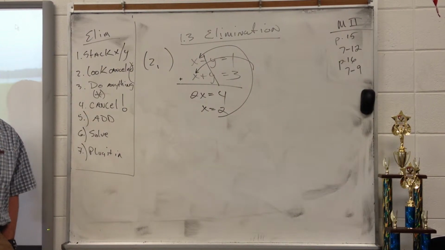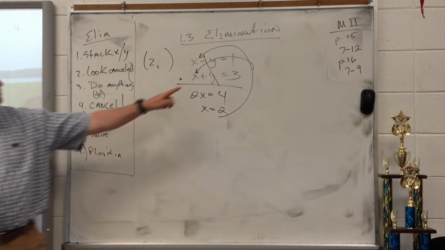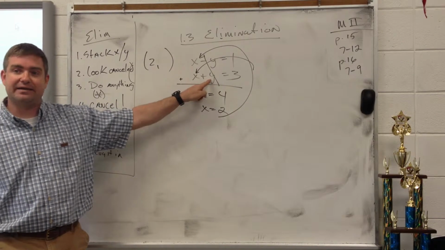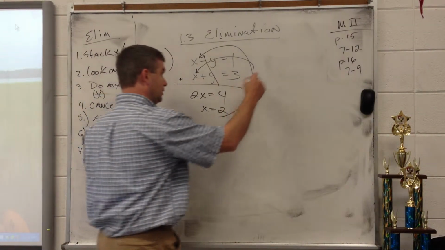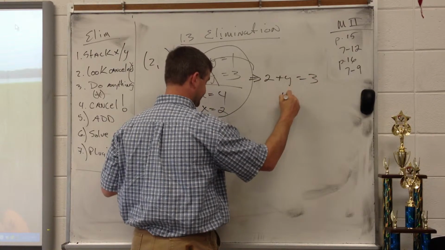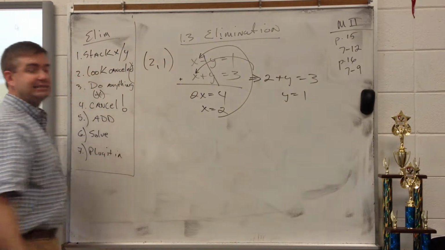The bottom one's easier. Why? Because y is positive, and that's what we're trying to find. We won't have to divide by a negative. You could do it in the top and still get the right answer, but in this one we get 2 plus y is equal to 3, and obviously y equals 1. So our answer, guys, is 2, 1.